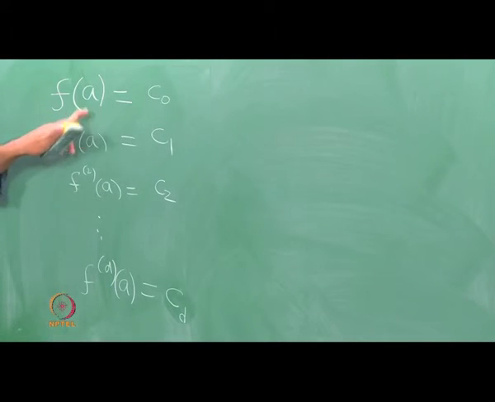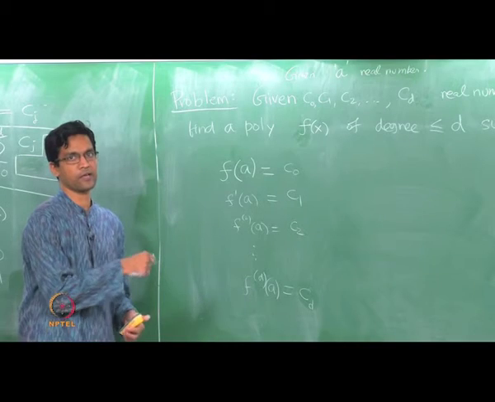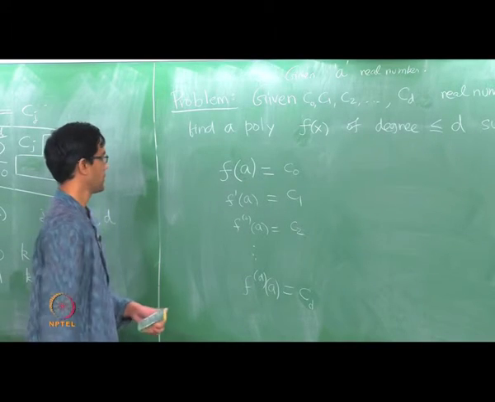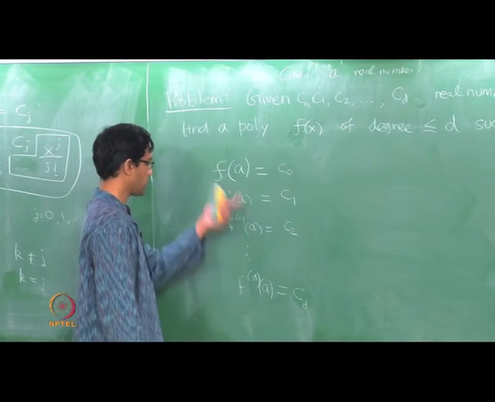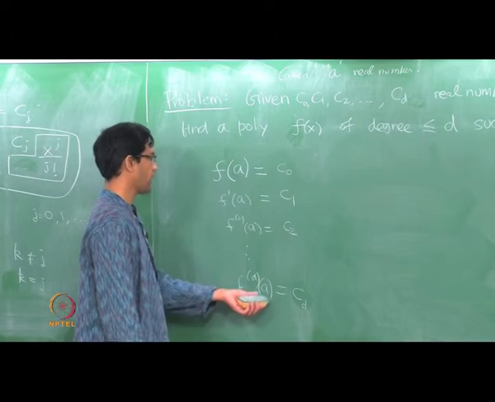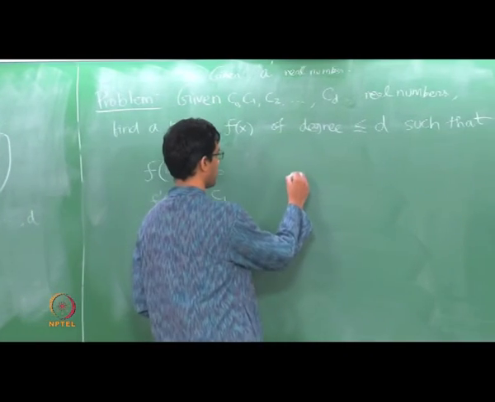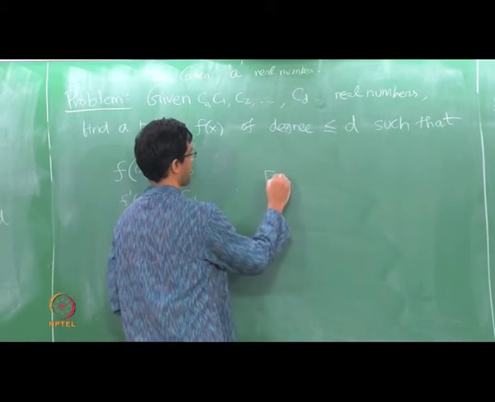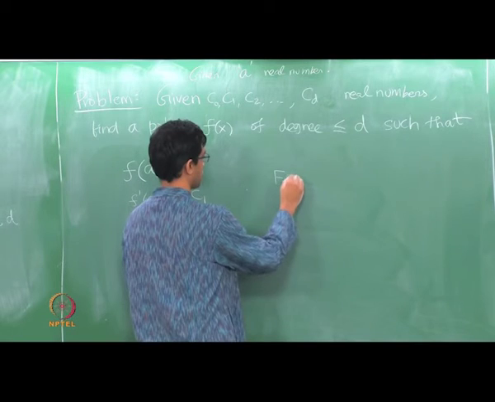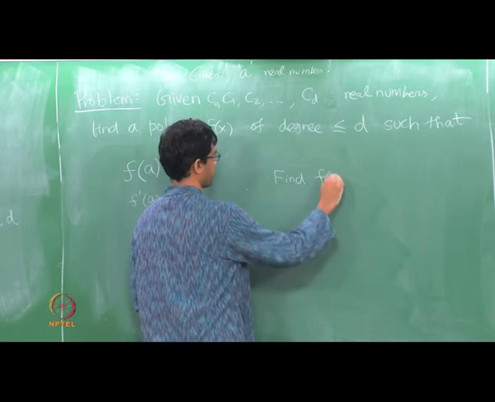So instead of plugging in x equal to 0, what you are doing is really plugging in x equal to a everywhere. Given all the higher order derivatives at the point a, how do you reconstruct the function f itself? So the problem now is to find the polynomial f.